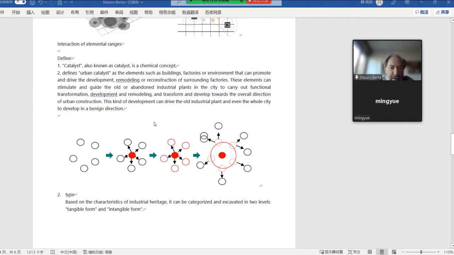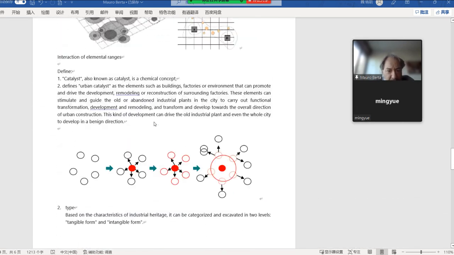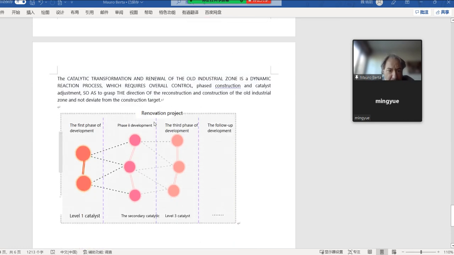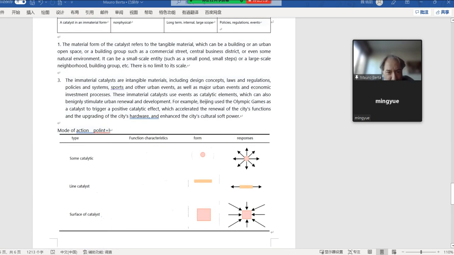Yes, but sorry, you are entering into specific arguments. I was speaking about a more methodological problem. My only concern about these drawings that you are showing me is that they are very abstract, very simple, and this could be okay.